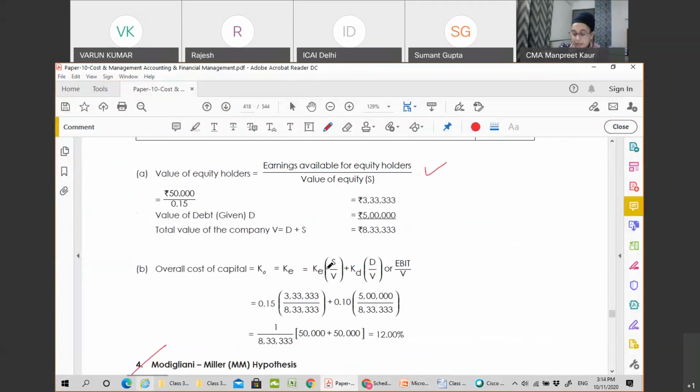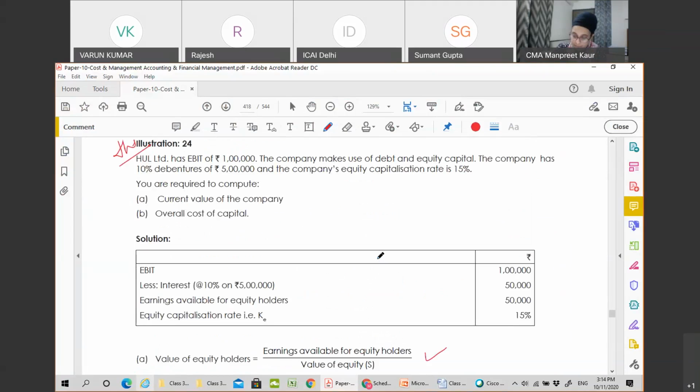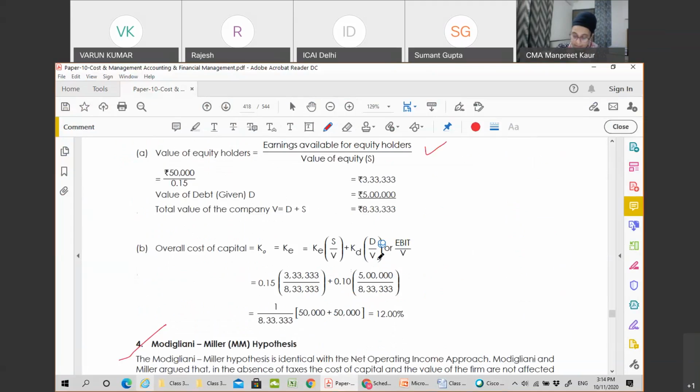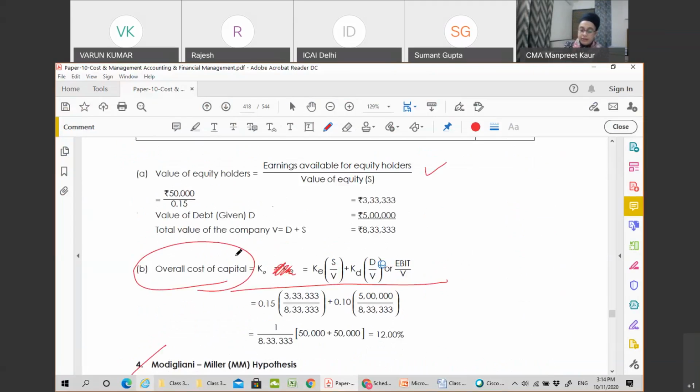KE is equal to KOS upon V and KD D upon V. It is the KO. KO is equal to KE S upon V plus KD D upon V. This is the overall cost of capital and the value of the equity shareholders.